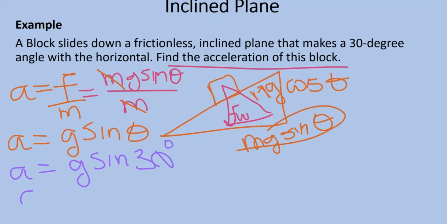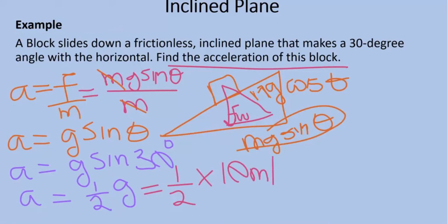So a is equal to half g, which is equal to, and we know g is 10, that is 1 over 2 times 10 meters per second square, which is equal to 5 meters per second square.